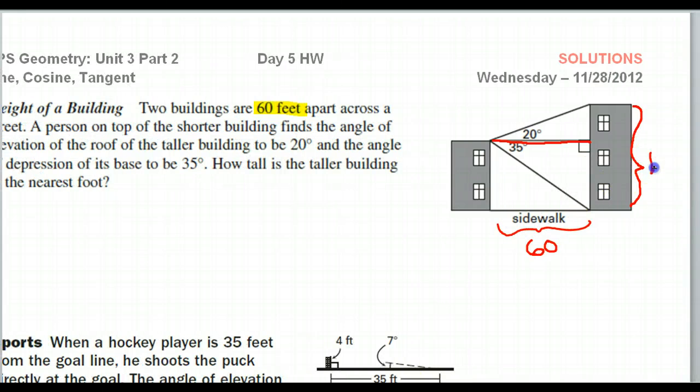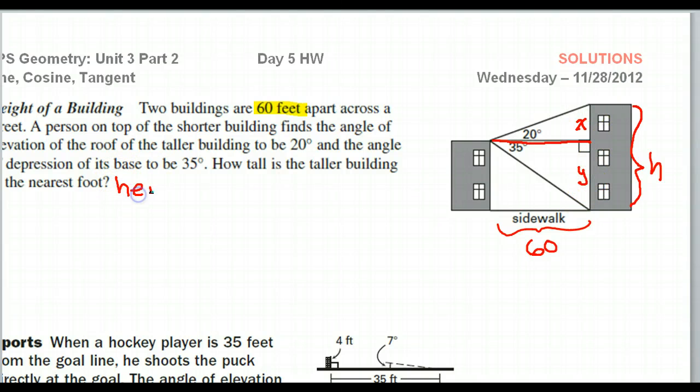I could call it h or something if I wanted to, but the bottom line is the height of the building is made up of two little pieces. One of those I'll just call X, which is this part, and then the other one I will call Y. So if I find both of these pieces and add them together, that will be the height of the building.